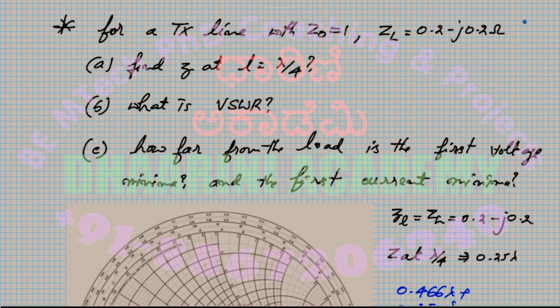They may not mention it. You see the question: a transmission line with Z0 has a ZL equal to this one. Find the Z at L equal to lambda by 4. That means you have to move from the ZL towards something. Towards what? I have only one option: I have to move towards the generator. Okay.